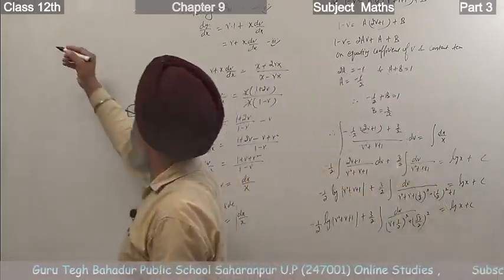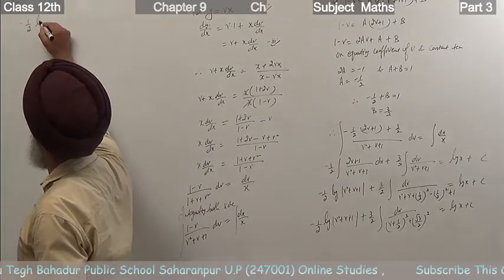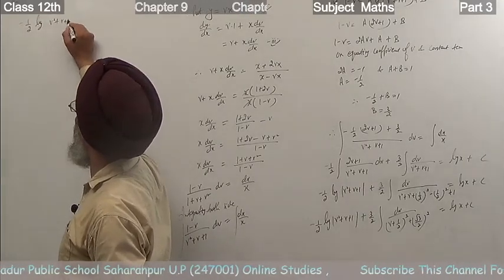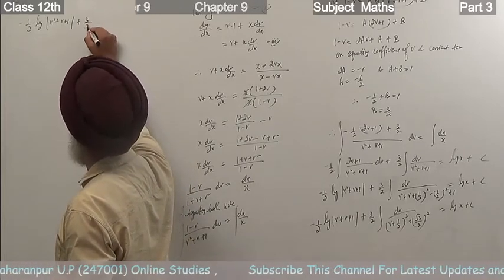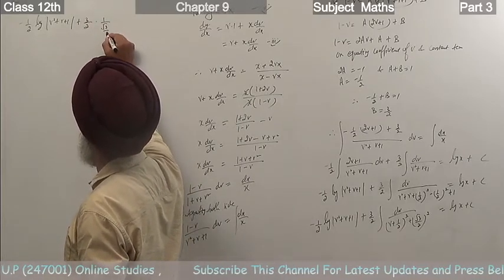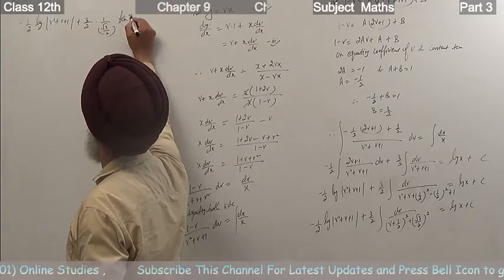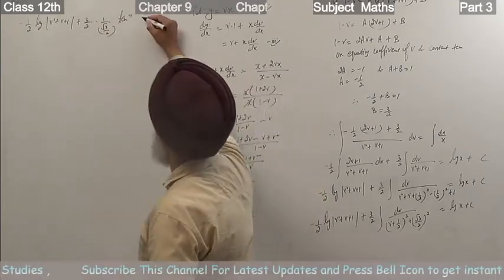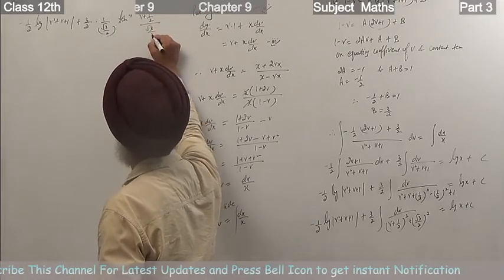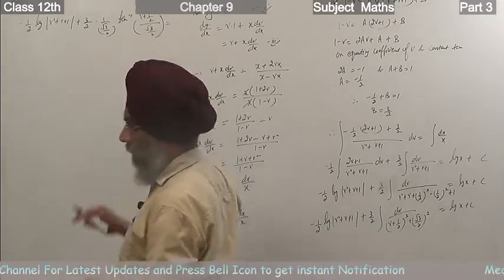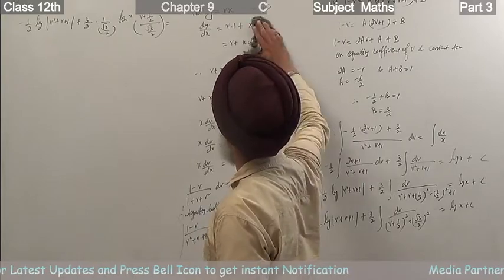It's minus half log of v square plus v plus 1, plus 3 upon 2 into 1 upon a tan inverse x upon a, that is (v plus half) upon root 3 upon 2, equal to log x plus c.